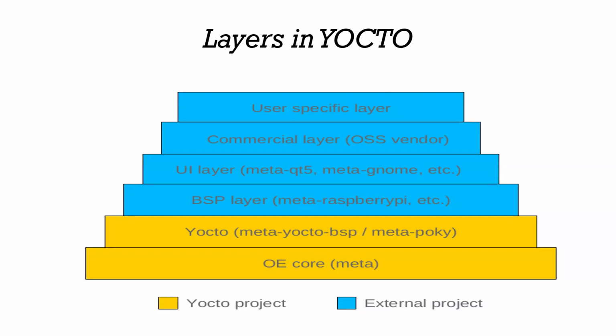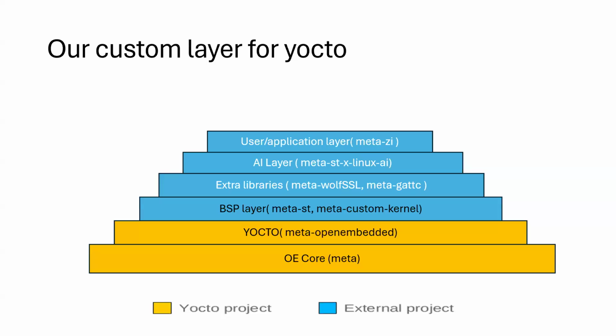Next, I will tell you about my example project. These are the layers I have in my example project. The top one is meta-zi. The meta prefix must be constant; you have to keep meta-hyphen, and then for the remaining part you can give any name.